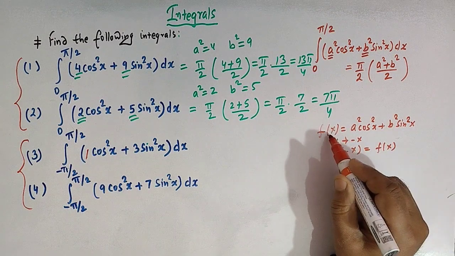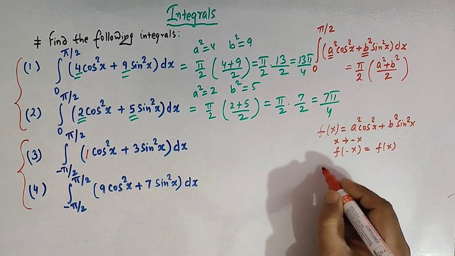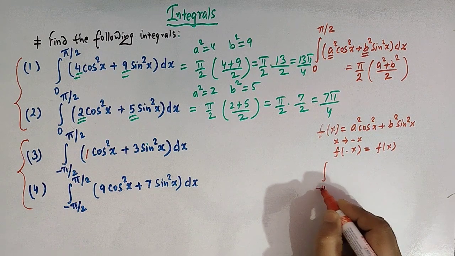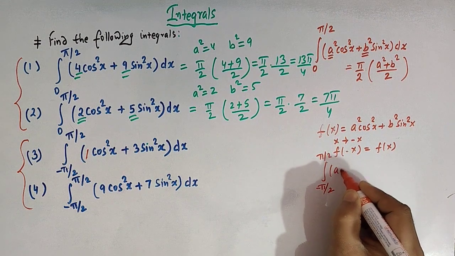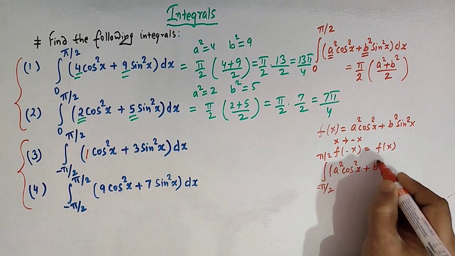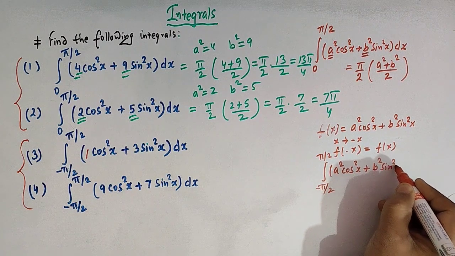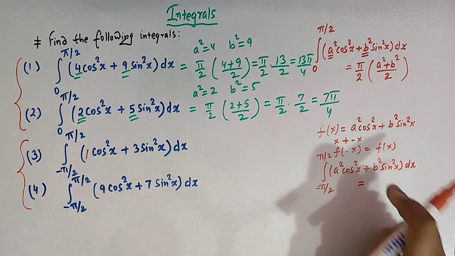Now if we convert this integral into this form, that is minus pi by 2 to pi by 2 of a square cos square x plus b square sine square x dx, then what is the value of this integral?